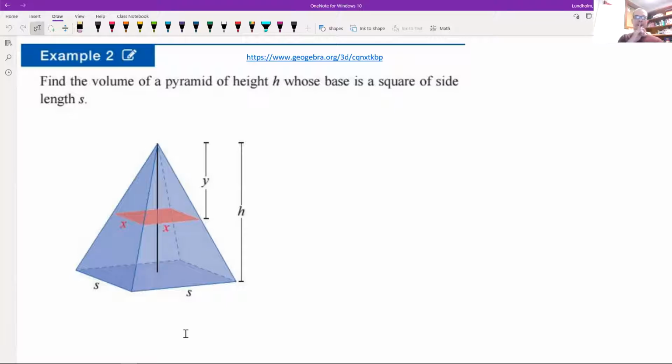All right, so the idea is, again, we're going to set up an integral where we have an area function of the cross section. And the area of this cross section is x times x.